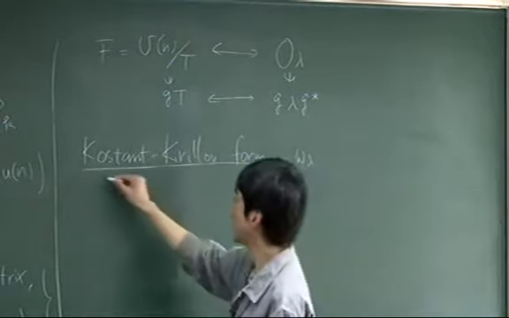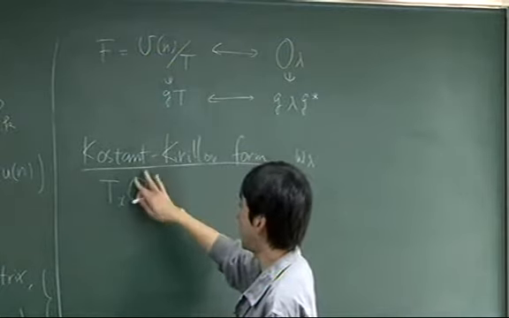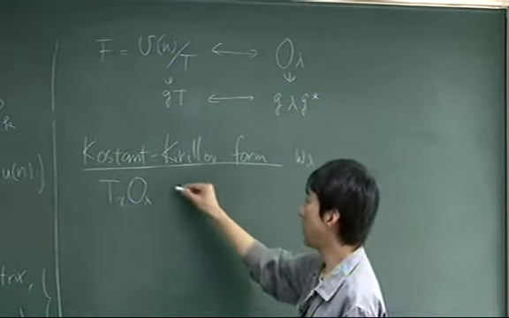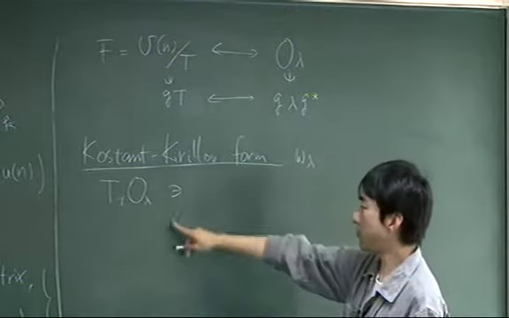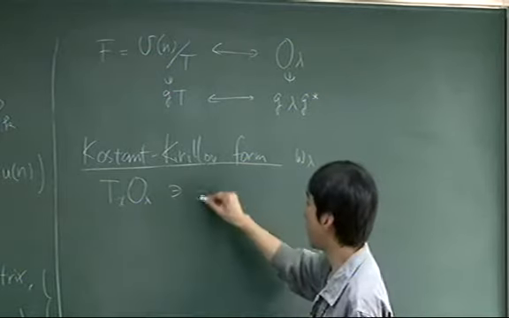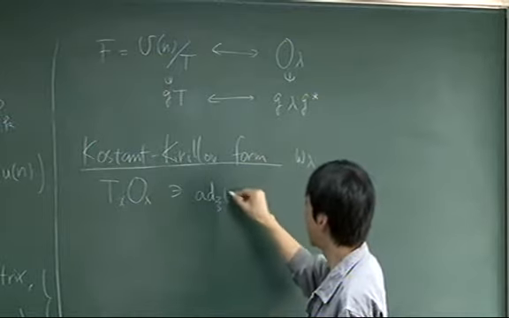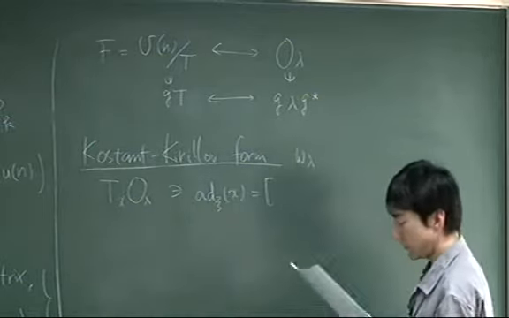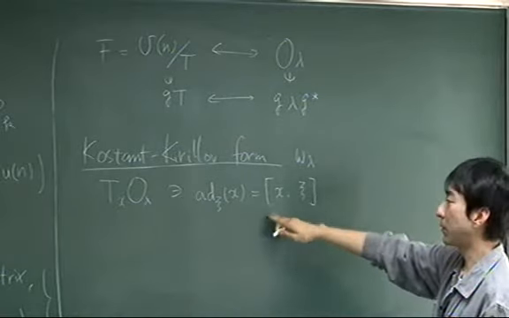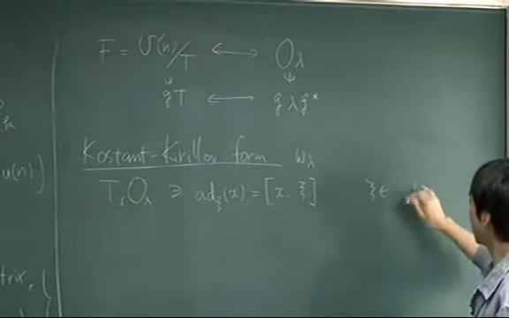Take a point x in O_lambda and consider its tangent space at x. Then a tangent vector at x can be represented as the adjoint action of some element, of this form, where xi is a vector in the Lie algebra of U(n).